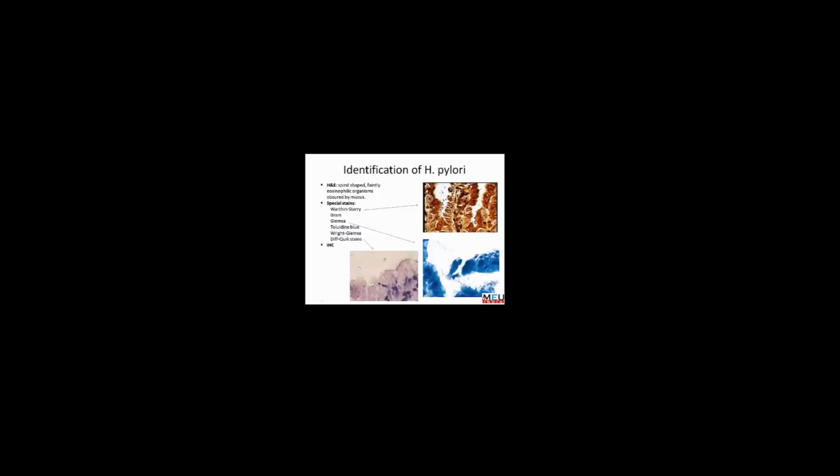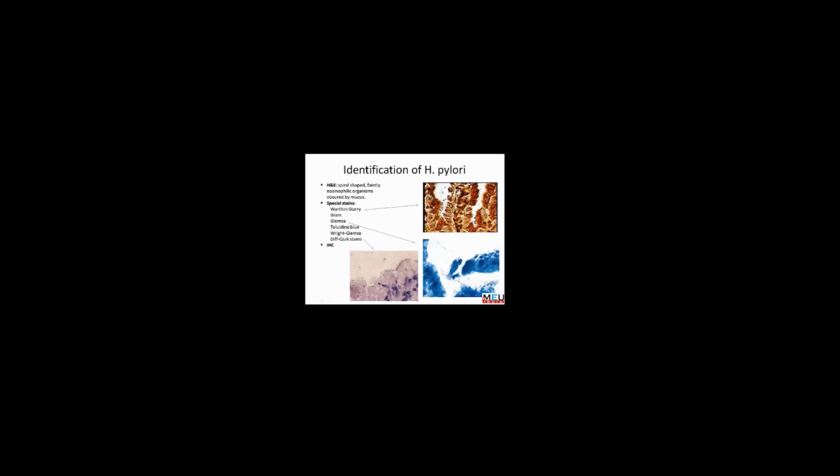Now, in this slide, can you see on H&E staining, these are small H. pylori. We need some special stains sometimes, Giemsa stain or Diff-Quik stain or Warthin-Starry stain. These are the H. pylori.